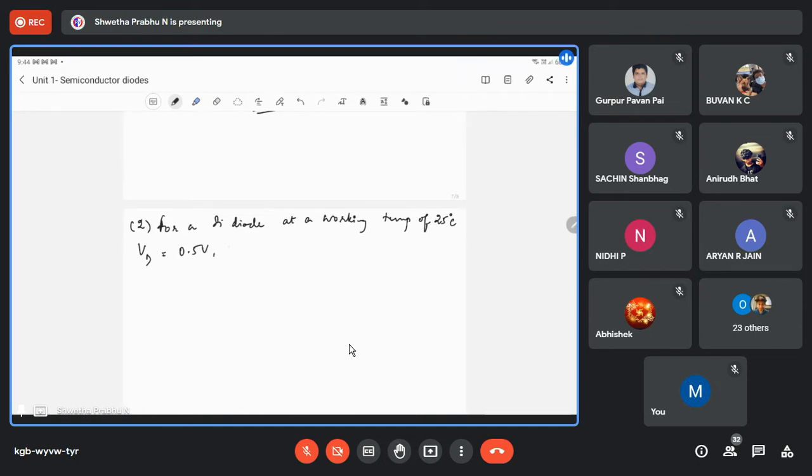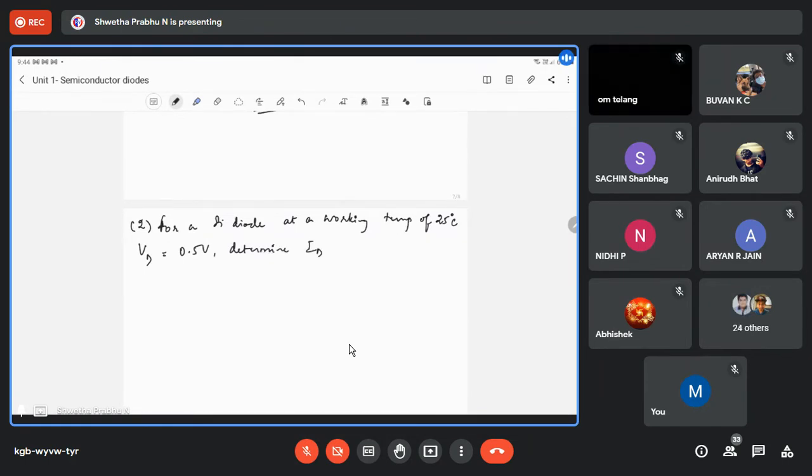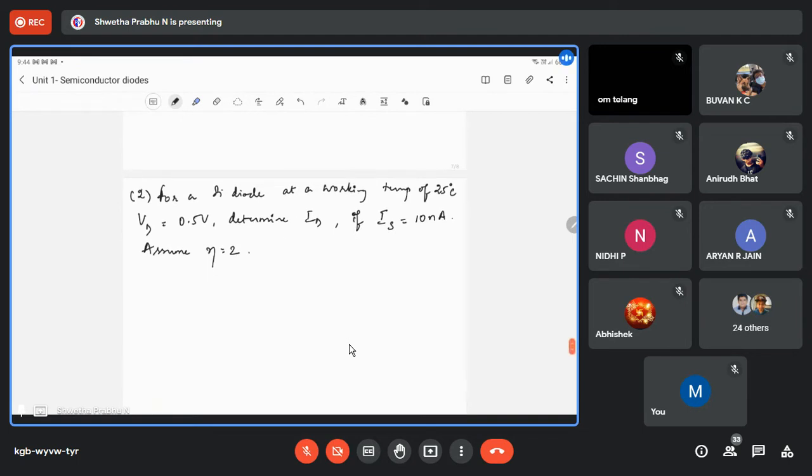Determine the forward current, I'll mention it as ID, if the reverse saturation current, that is IS, equals 10 nanoamperes, and they're giving the eta value, assume it to be equal to 2. Quickly you solve and get me the forward current value.